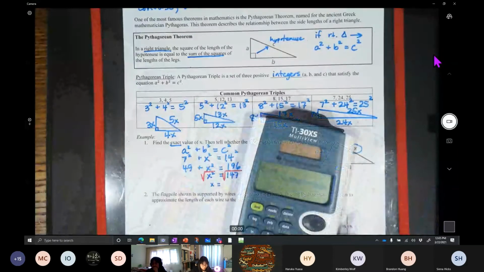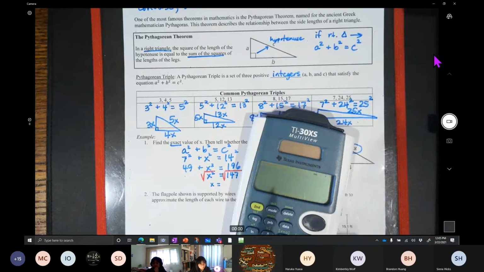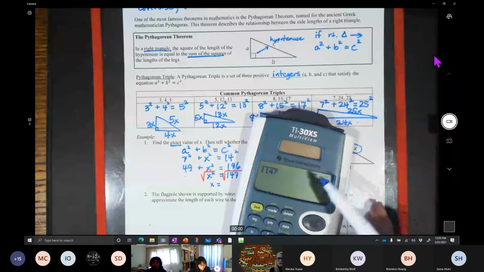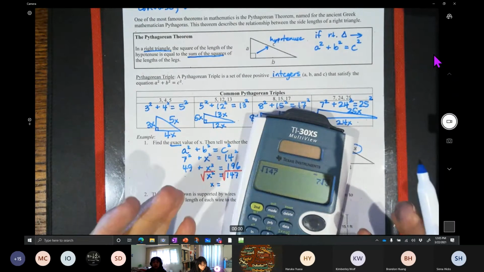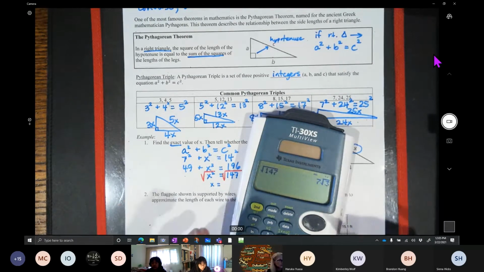If I just did the square root of 147 like that, this is the answer we're looking for. It's exact. It's not the decimal, which comes out to be like 12.12 or something like that.